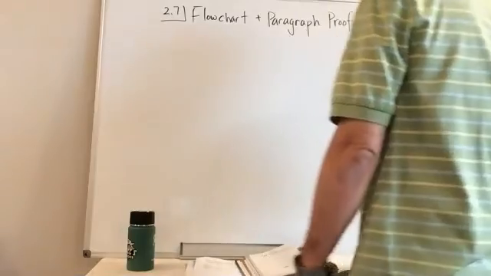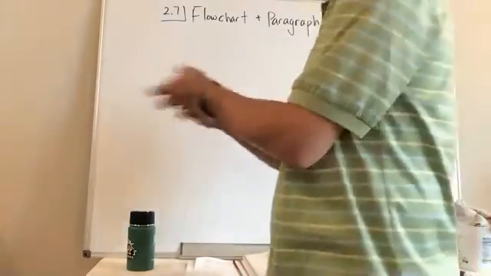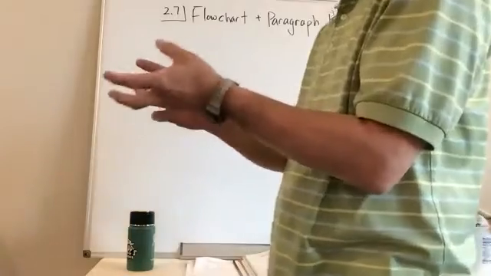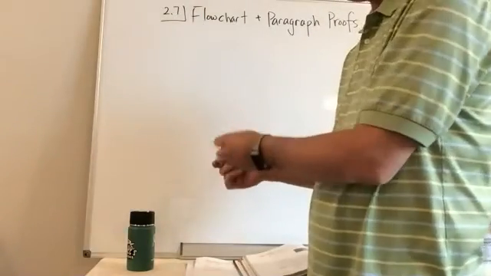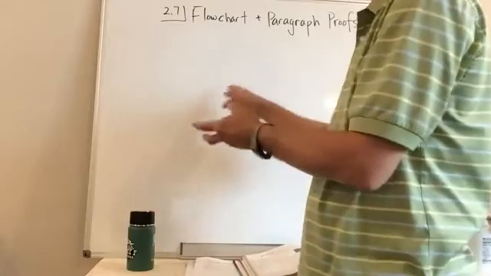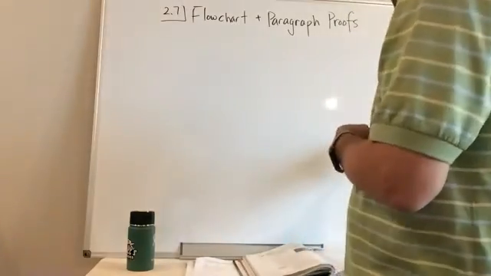Okay, and the paragraph proof is really all you're doing is writing a paragraph. In other words, there are no structured two columns, nor structured little bubbles where you have arrows going to each bubble with a logic line, okay?